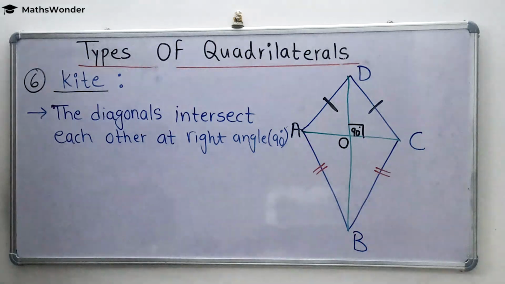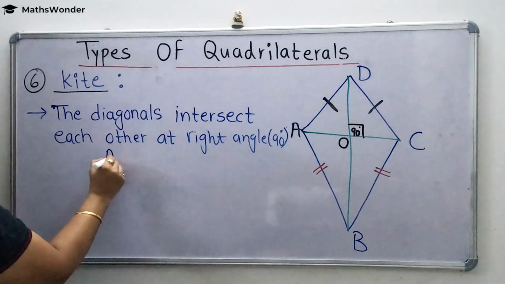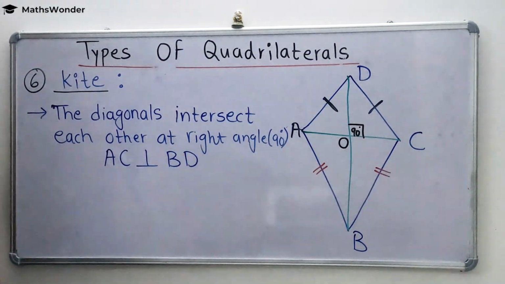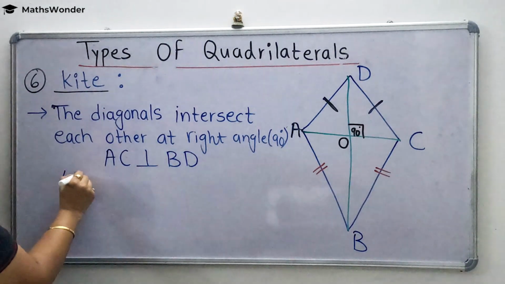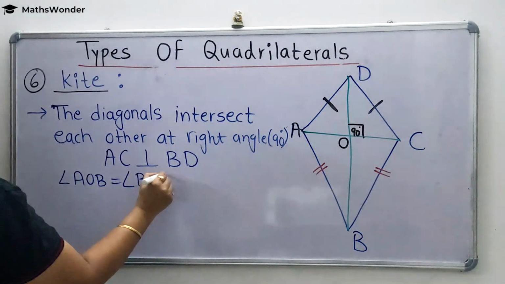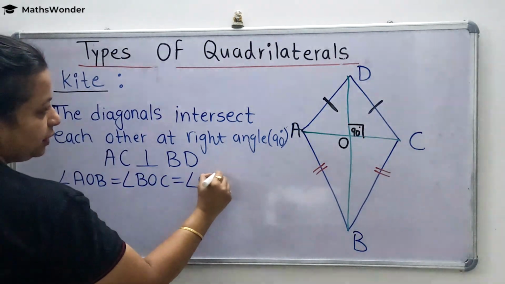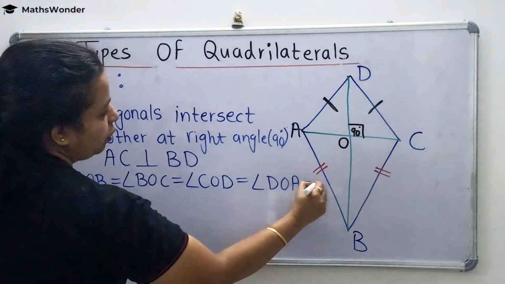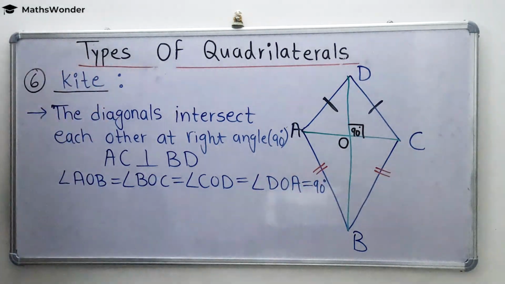So how will you write it? Because they intersect, AC is perpendicular to BD. So automatically angle AOB, BOC, COD and DOA all will give 90 degrees.